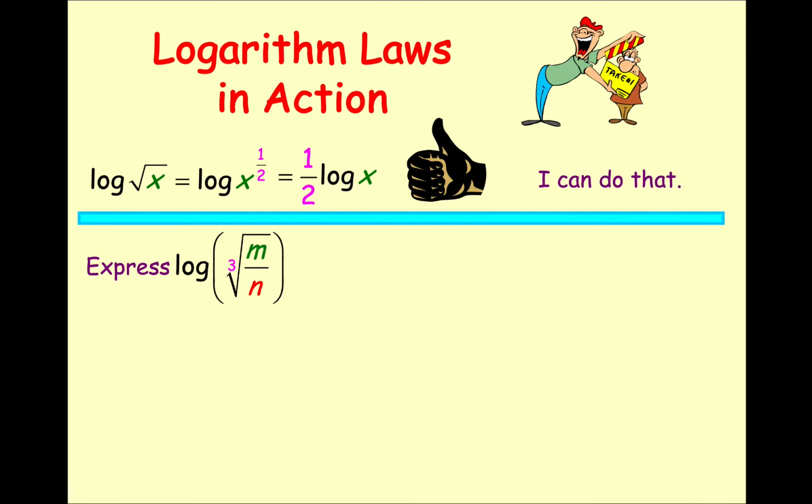Express log of the third root of m divided by n. Well, we know that the third root is the power of a third. So we want to express it in terms of log m and log n.